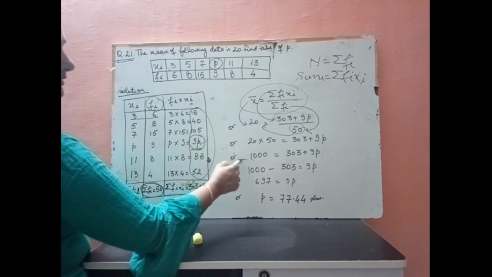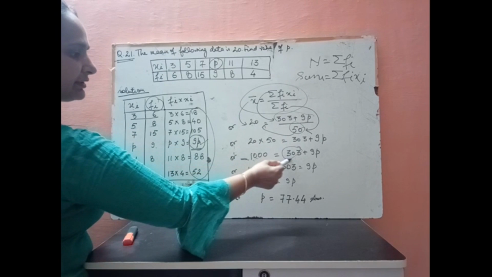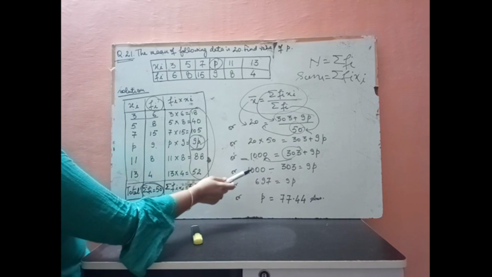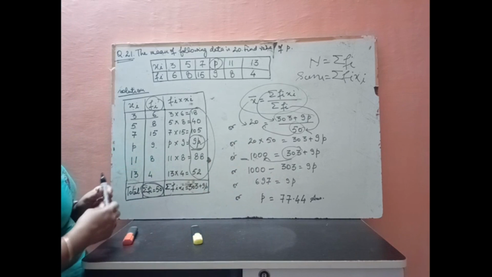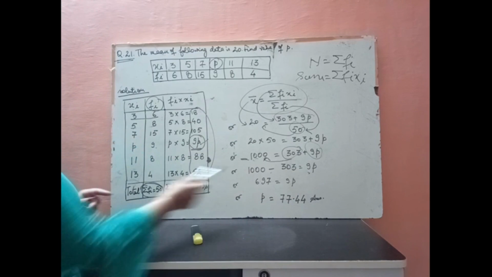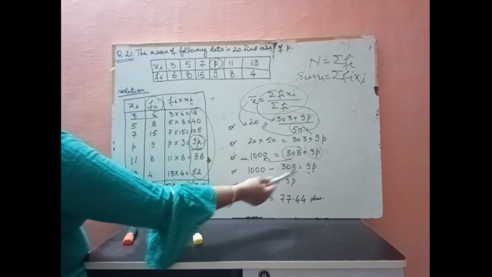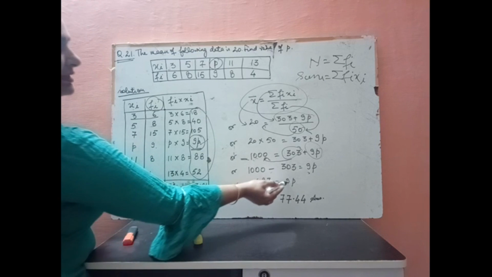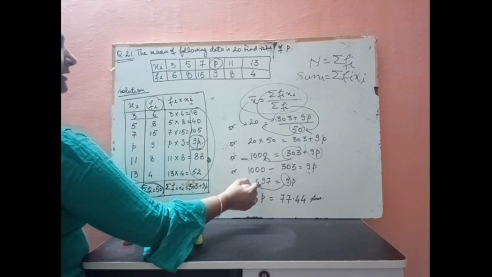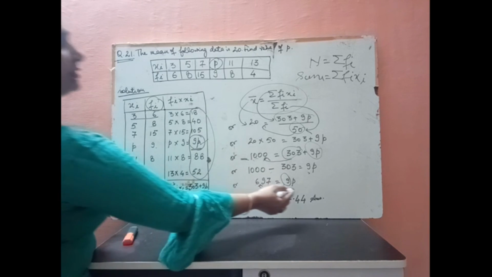We get this line: 1000. This 303 will come on this side and it will be subtracted. So 1000 minus 303 is equal to 9P, which will be left here. So 1000 minus 303, we get 697 is equal to 9P. Now this 9 is multiplied with P. When it comes to this side, it will be divided, and we will get only P on this side.